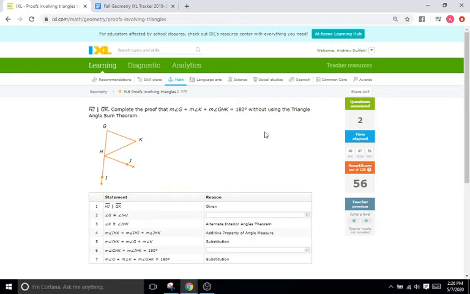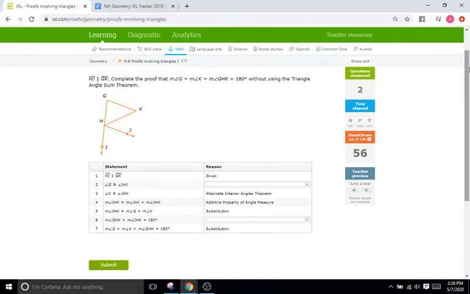Okay, so now they give us two reasons to prove. So we'll go down. The first one is that what we're given is HJ and GK are parallel. The statement we need to find a reason for is that angle G right here is congruent with IHJ. So we're saying that angle G is congruent with this angle right here.